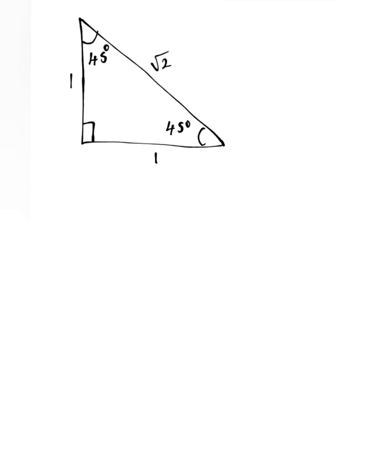Now remember the acronym used in trigonometry ratio. It is SOH, CAH, TOA. At this point, we need just one angle to find the value for sine, cosine, and tan. So let's make use of this angle here.